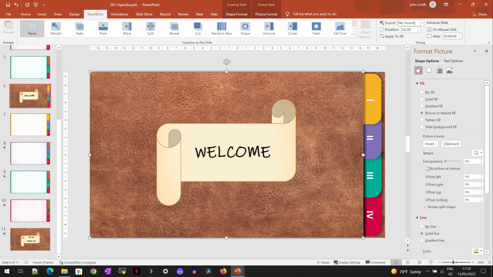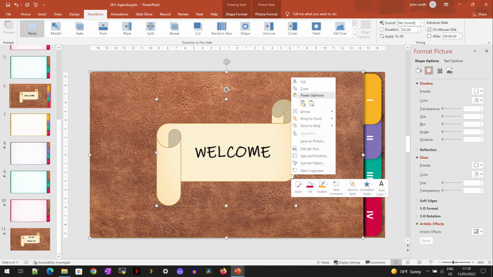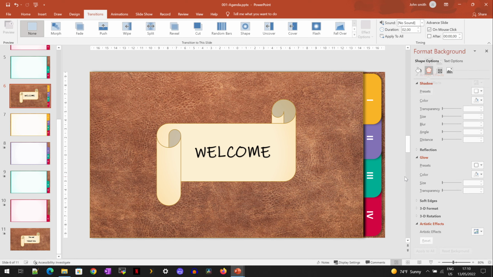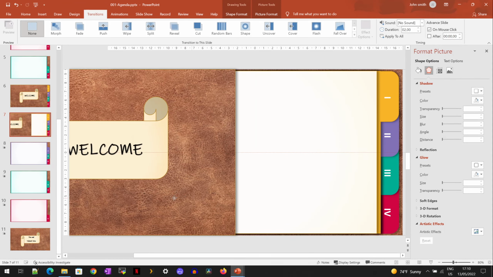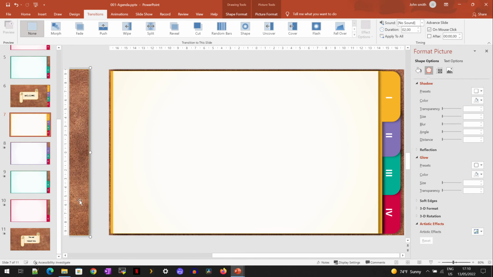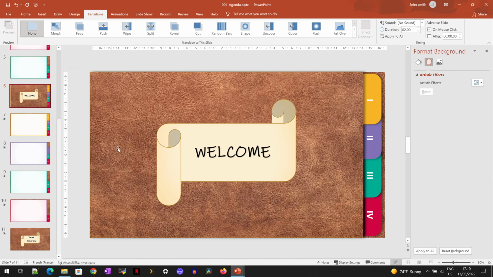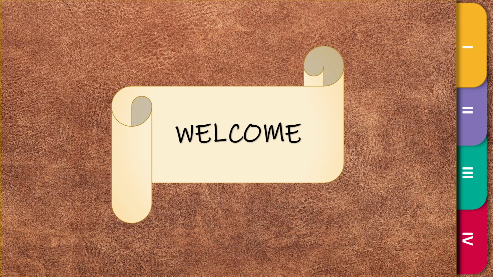Now it's time for configuring the transition. Group the objects. Copy, then paste in the following slide. Okay, try with full screen.